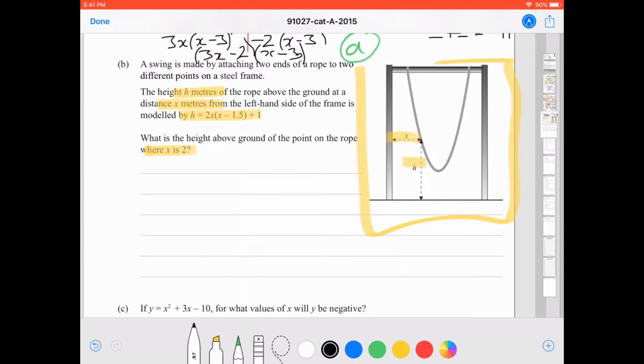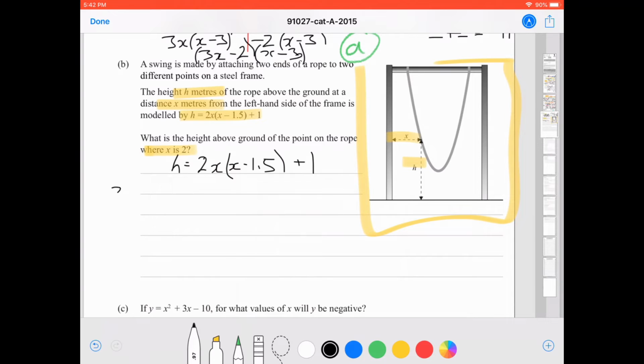Basically, none of that matters. This is just a long-winded way of saying what is the value of h when x equals 2. So we have this equation for h, 2x times x minus 1.5 plus 1.